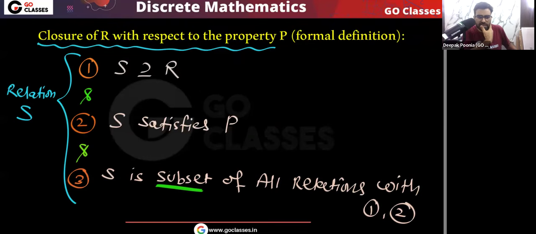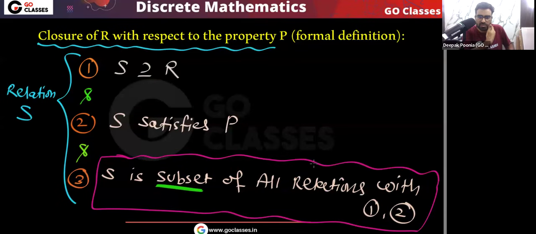Okay, you can see, because S is a subset of all such relations, from here you can notice.